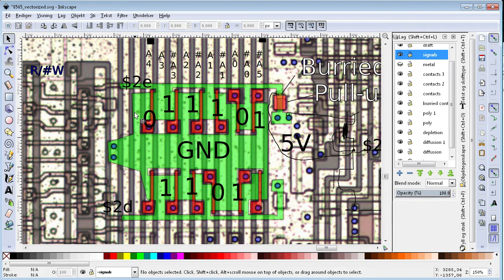That's an excess of negative charge, or electrons. So they dope the material such that you get an excess of electrons.